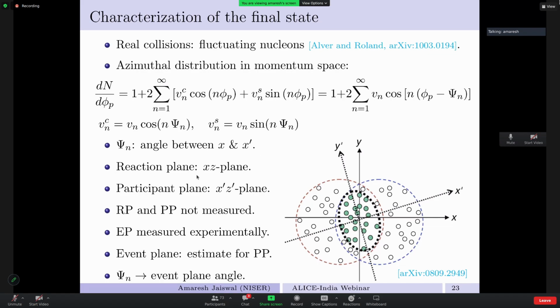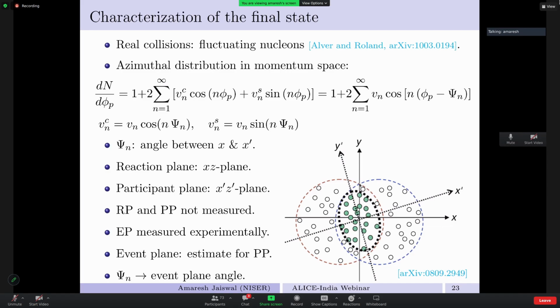There is this reaction plane, and there is this participant plane, x prime, z prime. The collision geometry is random, in the sense that the nucleons in the overlap geometry may not exactly coincide with the almond shape we have in mind for spherical nuclei colliding.